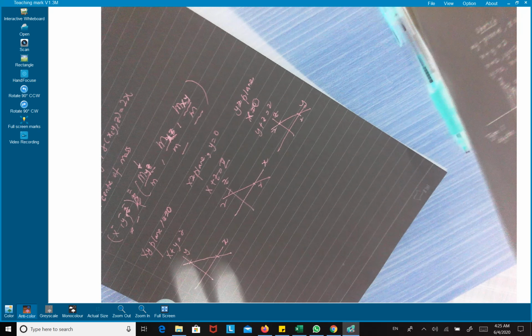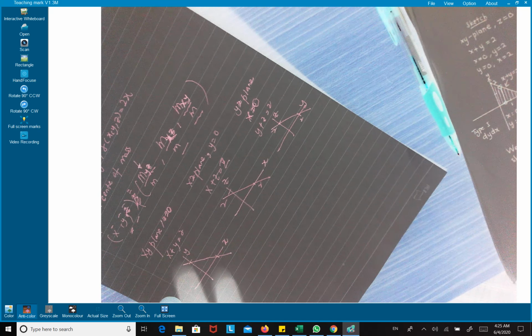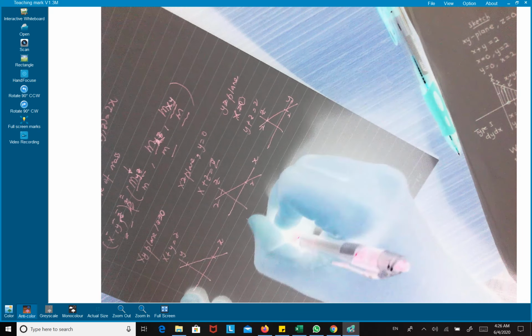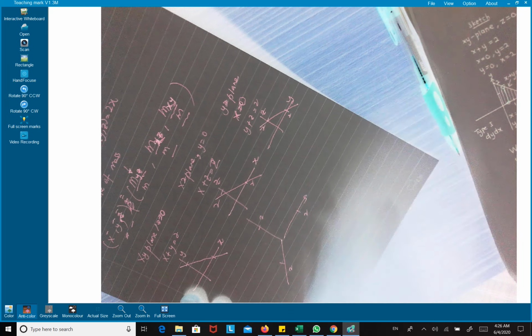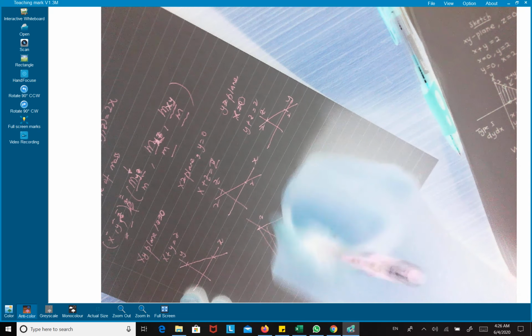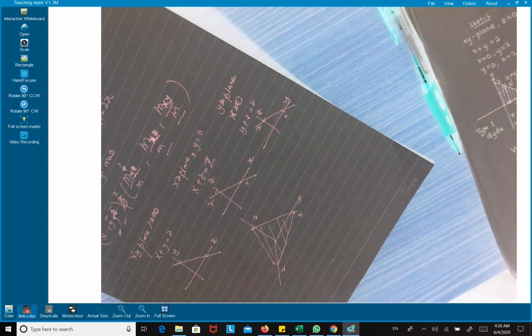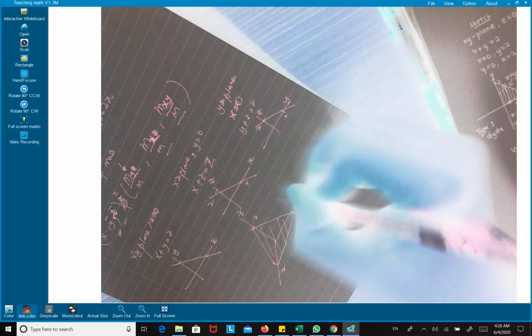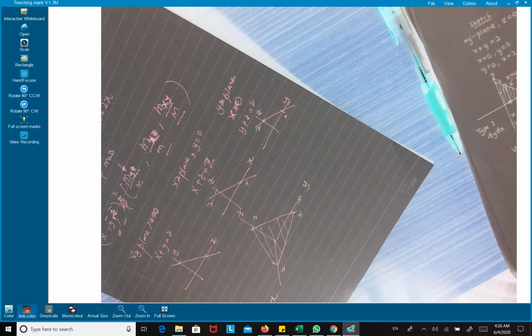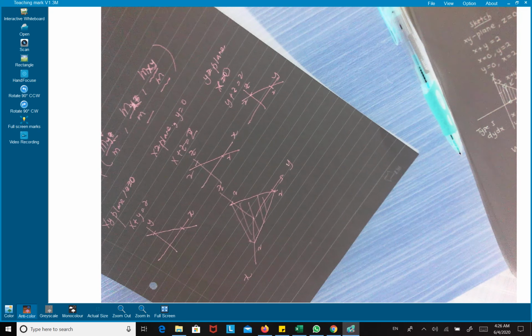So you will end up with a tetrahedron, with 2, 2, 2 on the z axis, y axis, x axis.